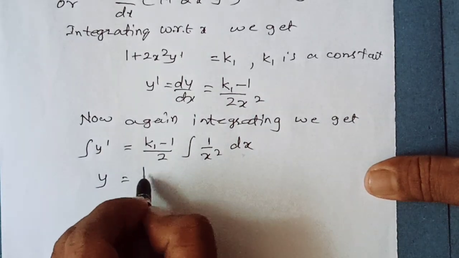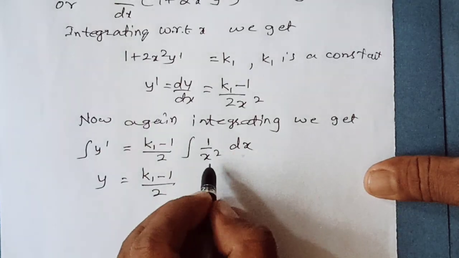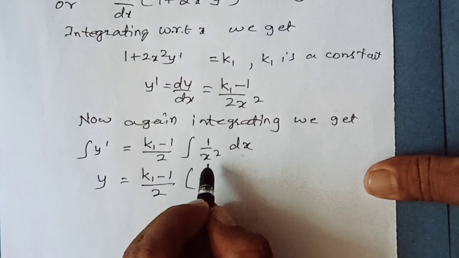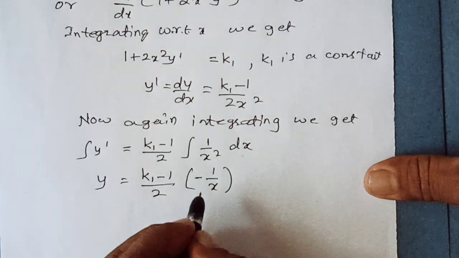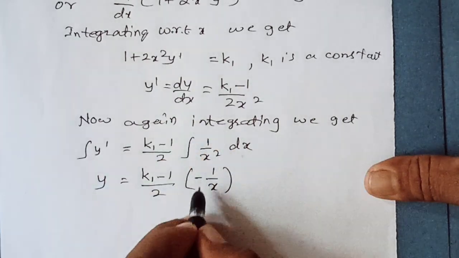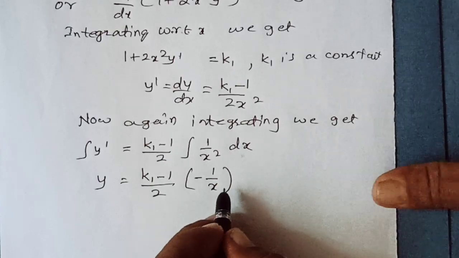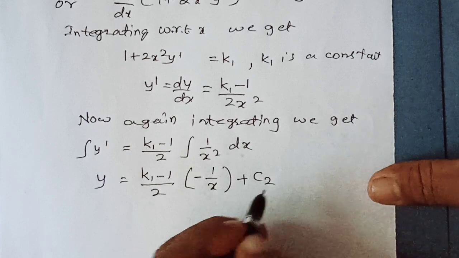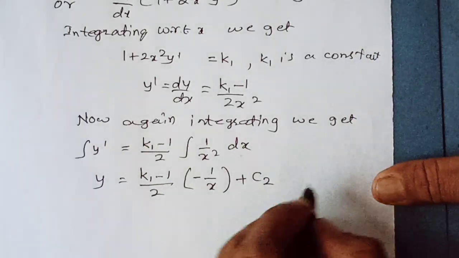Next, this term is the constant (k1 minus 1) divided by 2. Integration of 1 by x square is minus 1 by x, since differentiation of 1 by x is minus 1 by x square. So it is minus 1 by x plus c2, a constant.